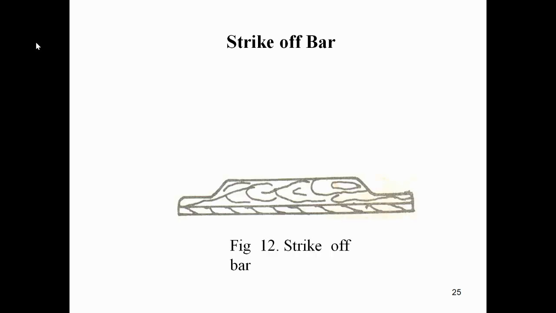Next one is the strike-off bar. This is a diagram of a strike-off bar. The strike-off bar is made of wood or metal with straight edges.